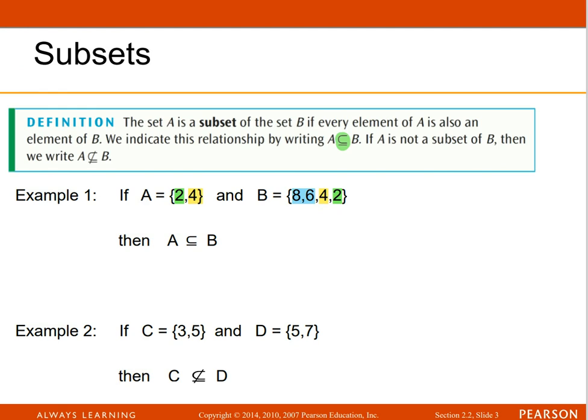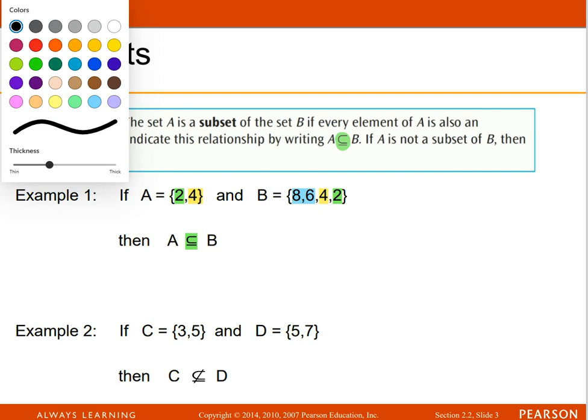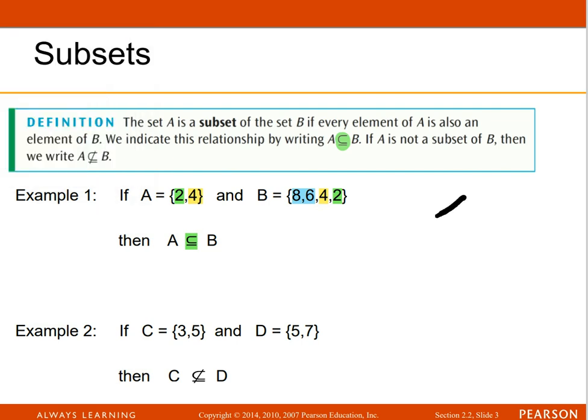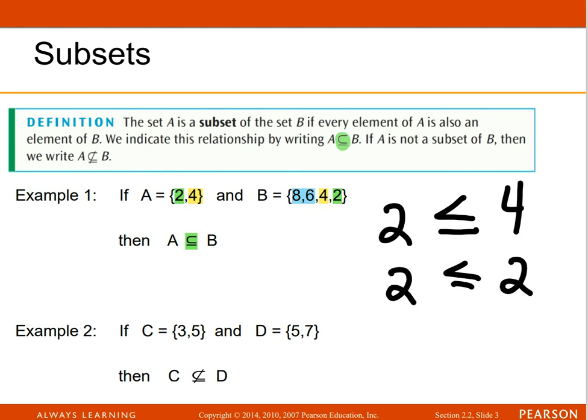And when they say that A is a subset of B, you've got this subset symbol here. Let me switch over to a pen, I'll go black. Remember when you have less than or equal to, it gives you an option. You could say 2 is less than or equal to 4, but you could also say 2 is less than or equal to 2.